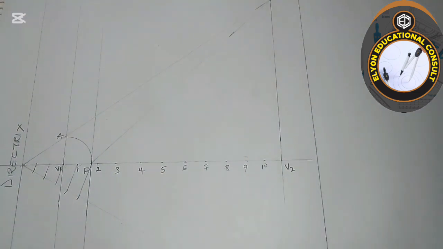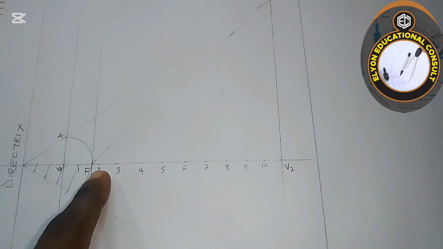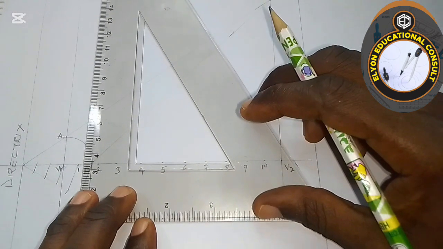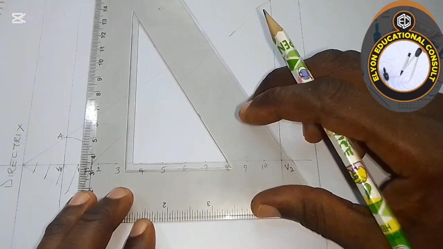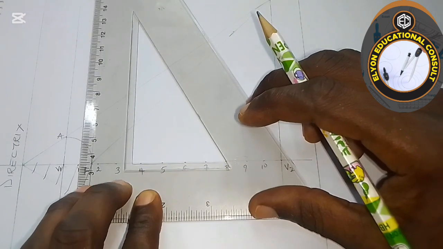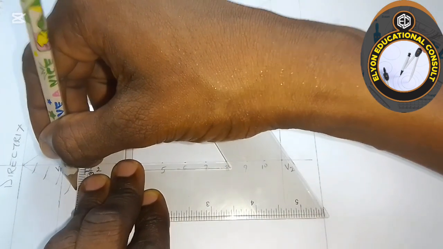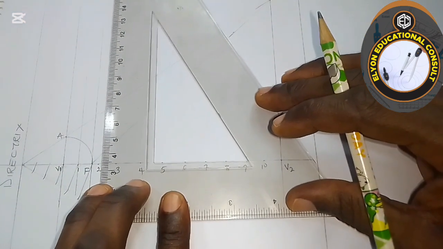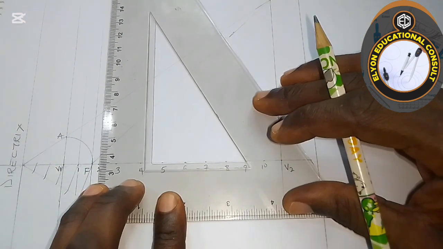The next thing I'm going to do, from each of the points, is produce a vertical or perpendicular line. From this one now, produce that way. I will drop the line later, so just keep moving this way.